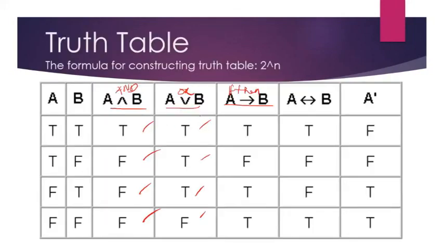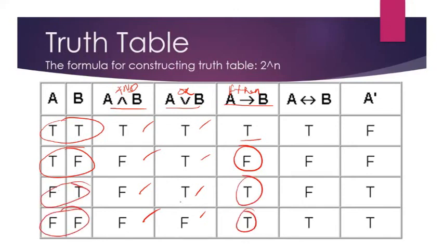Magiging false ang result if true ang first statement and false ang second statement. Mag-start tayo dito. True, true, hindi siya nag-follow sa true, false, so true ang result. True, false, nag-follow siya, so false ang answer. Then, false, true, hindi siya nag-follow, so true ito. False, false, true ang answer. Okay? Yan yung sa if then.